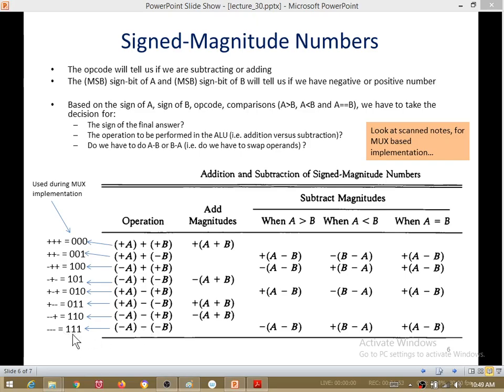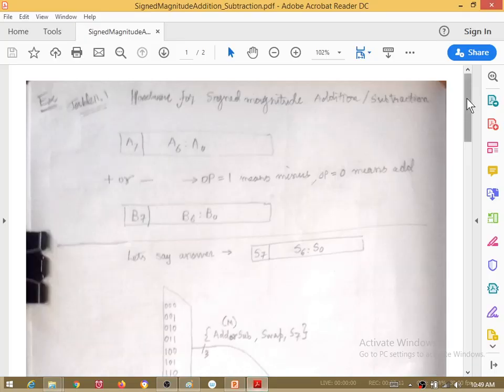I am also subtracting, meaning the center one here is a minus, and then the sign for b is minus, which means I am going to have a 1 here. So this kind of code we will use for understanding the muxes that we'll take a look at later on.